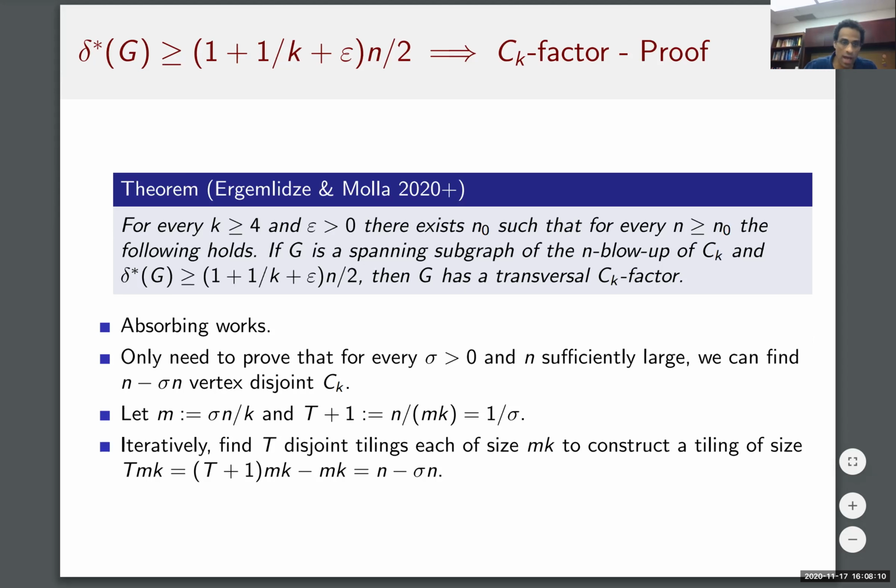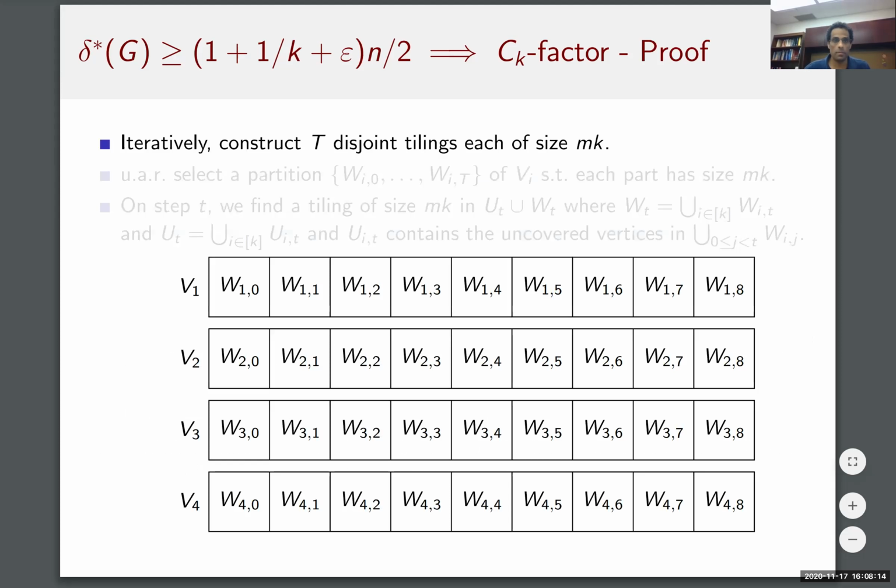Okay, so how do we do this? Again, this is the plan. We're going to construct t disjoint tilings, each of size mk, and we'll do this iteratively. So the first step is that we uniformly at random partition each one of the parts into t plus 1 parts, each of size mk.